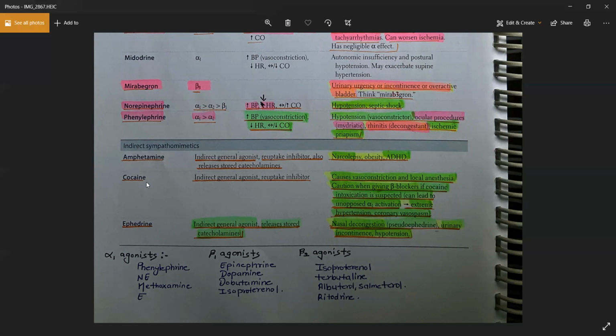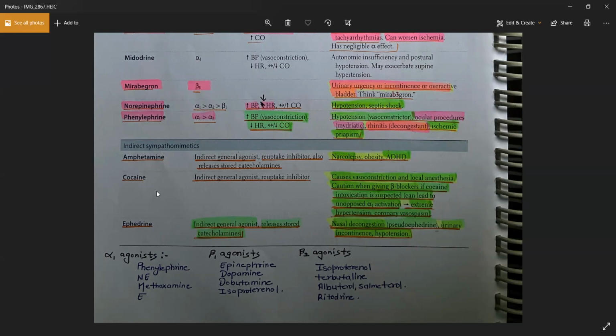They will use the NET receptors, then they will use the VMAT receptors to replace the norepinephrine in the vesicles, so that the concentration of norepinephrine would be increased in the axons, and as a result, the release of norepinephrine will be increased and uptake of the norepinephrine would be decreased. Okay, so they are used for the treatment of narcolepsy, for the obesity, and for the ADHD. You will study all these diseases later in the psychiatry. Okay, narcolepsy, obesity, and the ADHD.